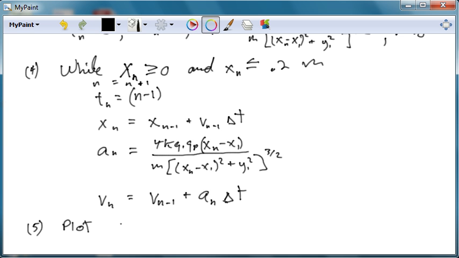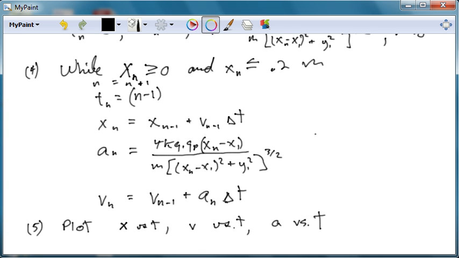Plot X versus T, V versus T, and A versus T. It looks like I didn't say it in the handout, but you've got to plot them all on one page in a vertical column for that time interval.